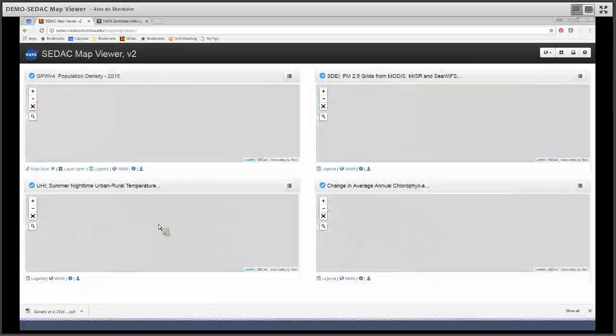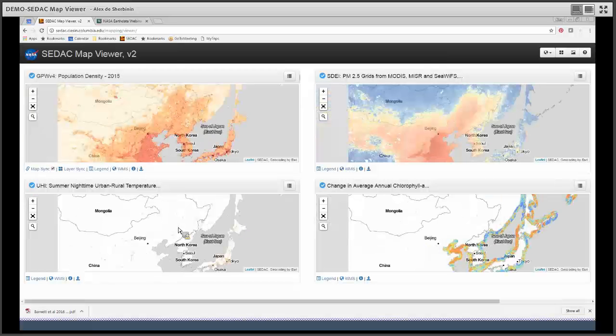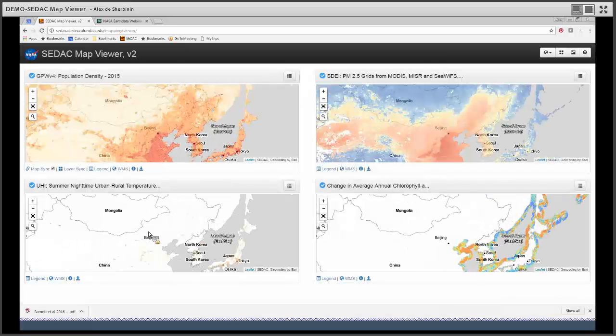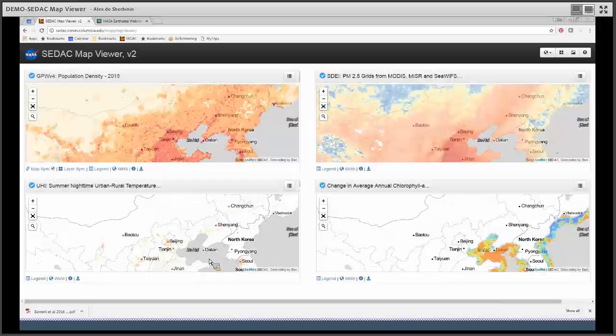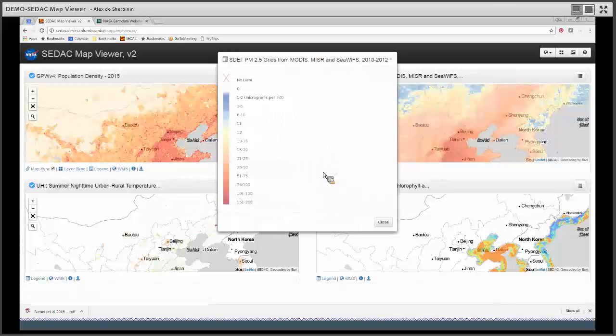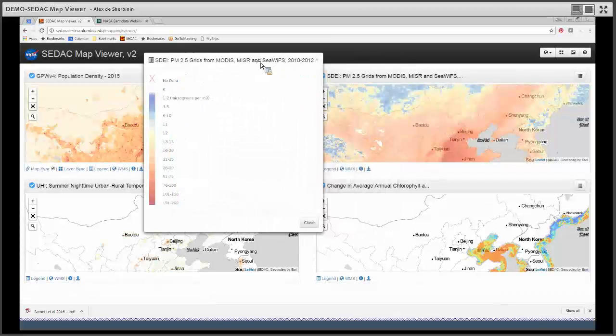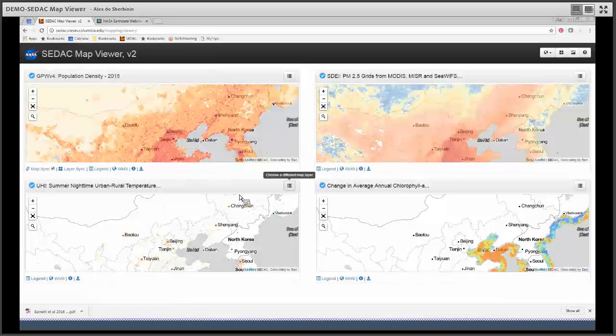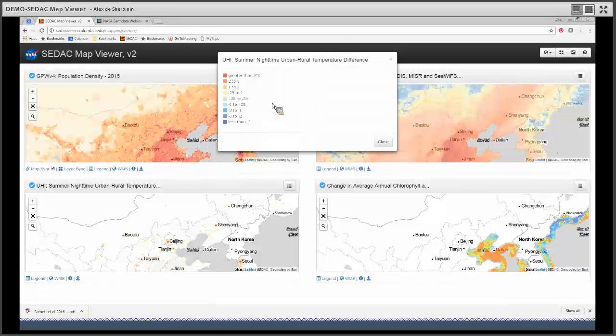You can also pull up the... so this is the area around China, and you see the very high particulate matter, and also some trends in the coastal water quality. And you can pull up the legend by hitting the legend button and look at what the particulate matter levels are there, or in this case, what the temperature differences are in those urban areas.